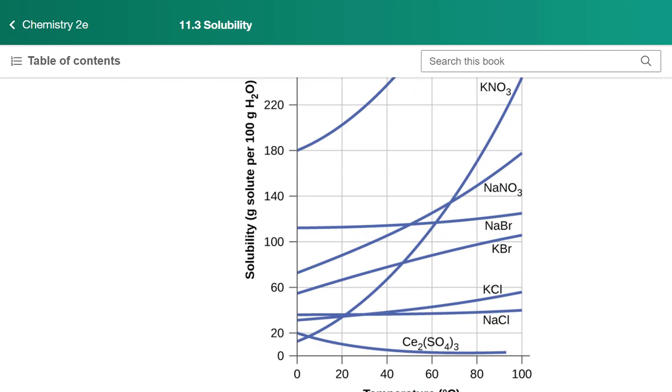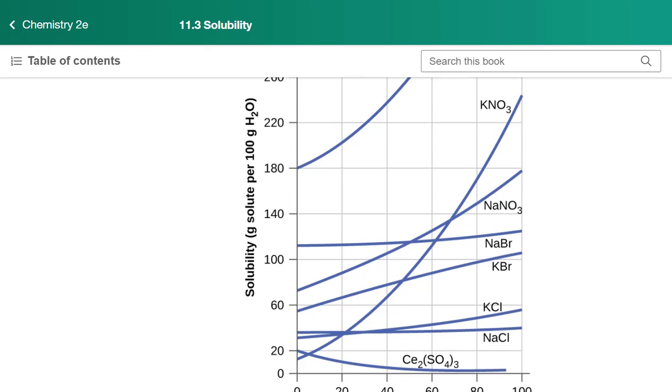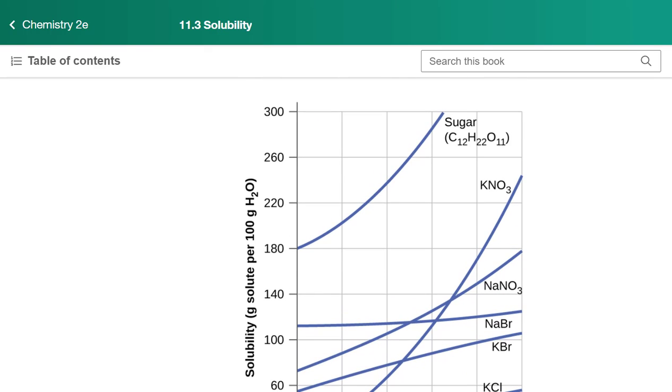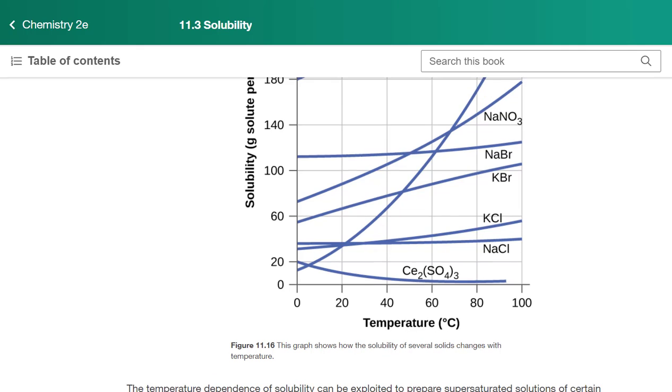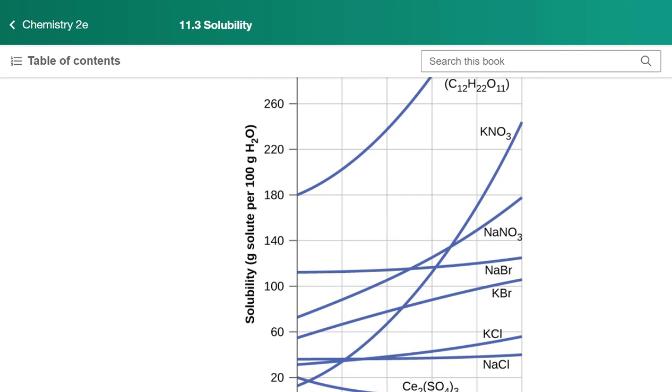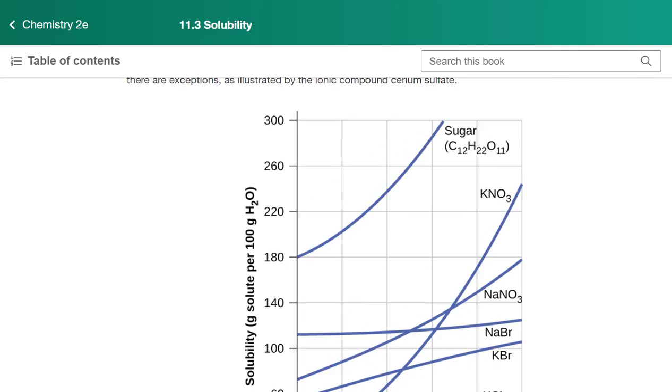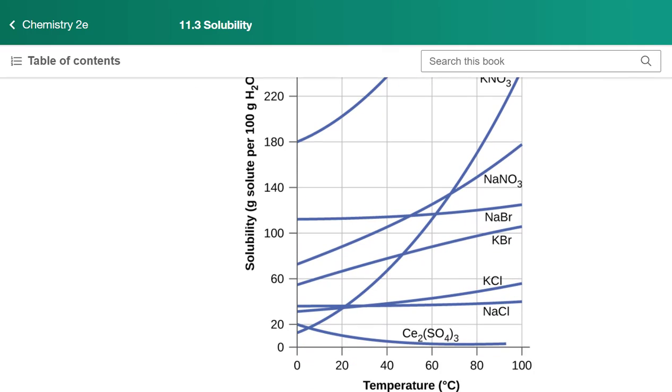Here we're showing what that often looks like. We're showing a number of solids dissolved in water, and you can see a trend that for most of these, as you increase the temperature, you are increasing the solubility.